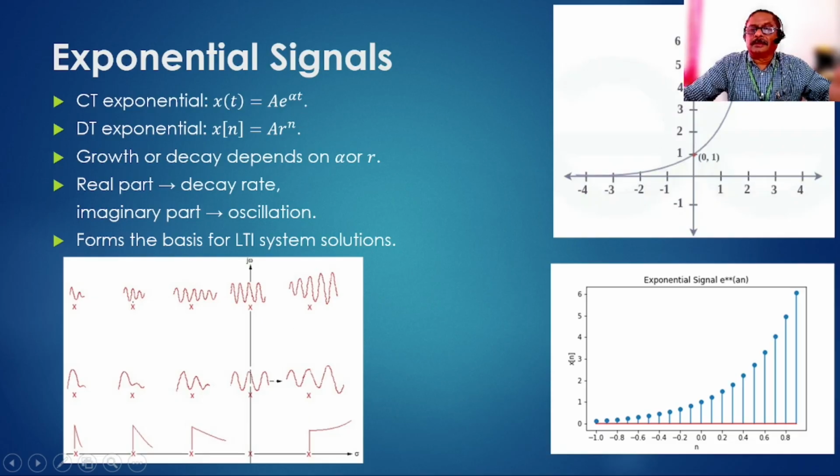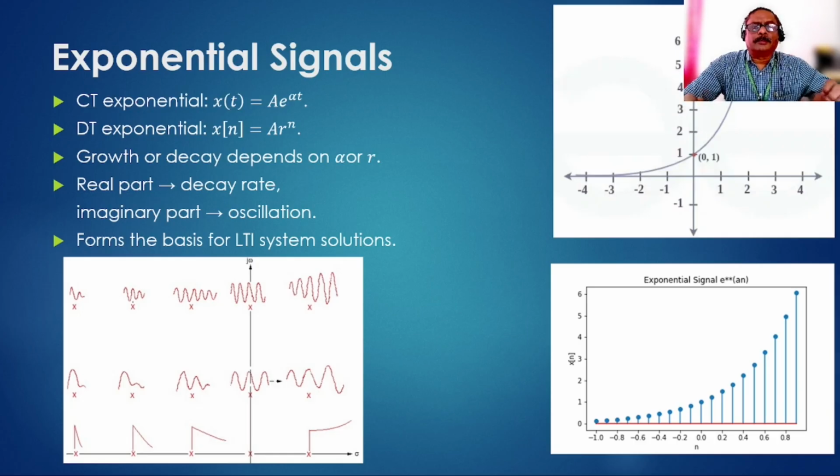If it is real, then this is what it looks like. If the value of alpha is more than 1, it is increasing. If the value of alpha is between 0 and 1, then it is a decreasing or decaying exponential. These are the most fundamental signals that can be used for understanding any complex signal.